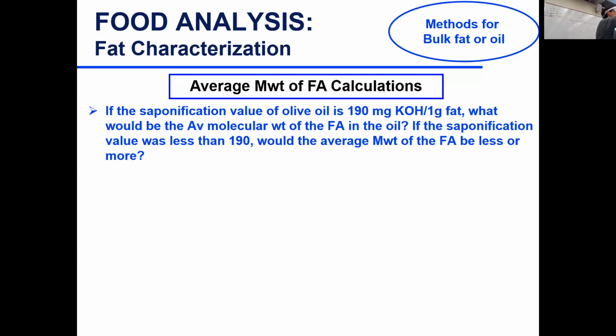3 moles of water. Because it's a condensation reaction, to form triglyceride you have 3 fatty acids and glycerol. When they react together, they give you 3 moles of H2O. So you want to bring that back into your fatty acid calculation.